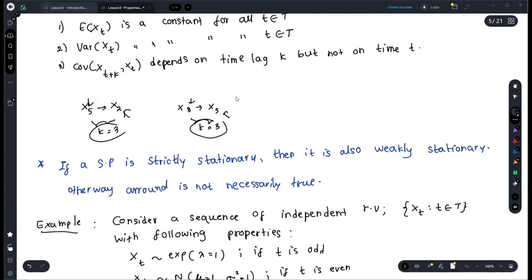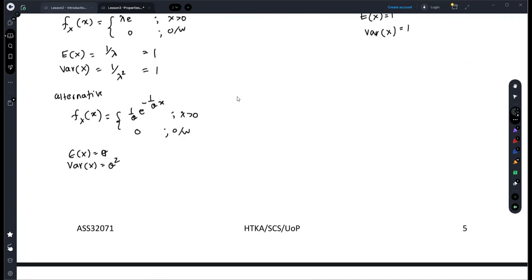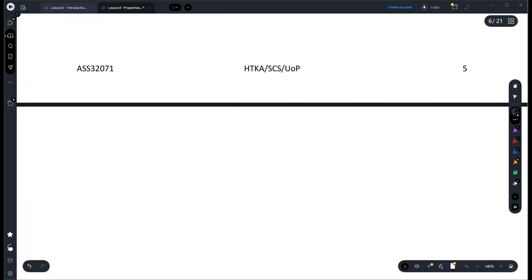Now, the next one we have to show is the covariance between Xt plus k and Xt, whether it remains the same, only depending on k, right? So how do you find the covariance?